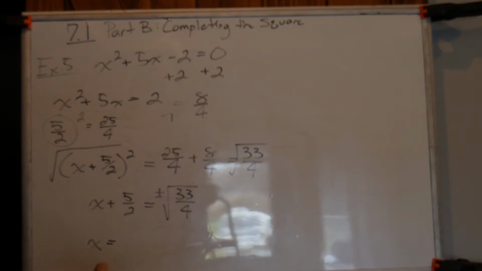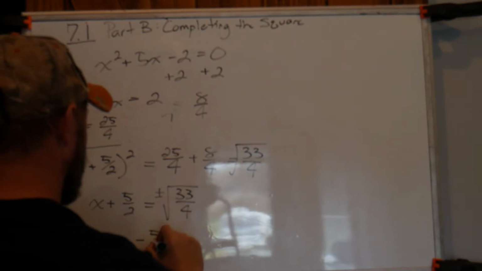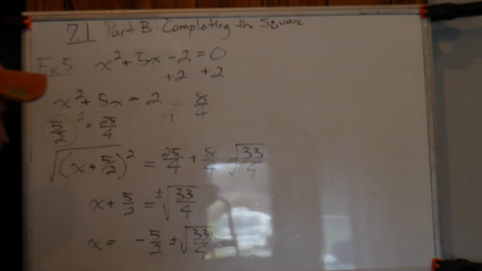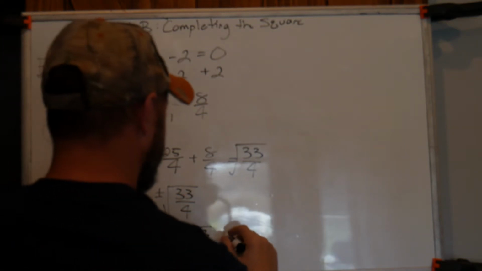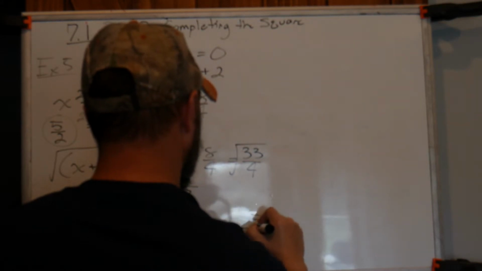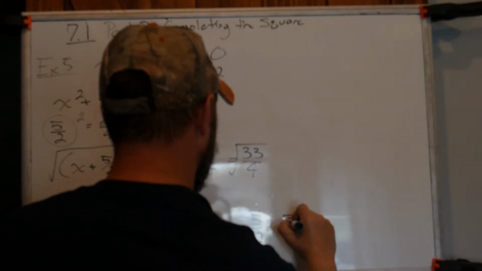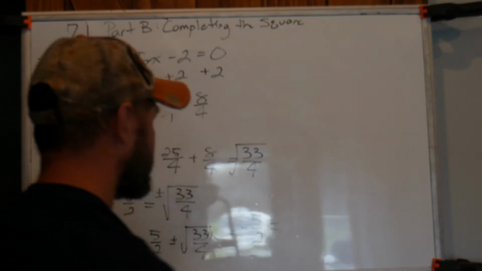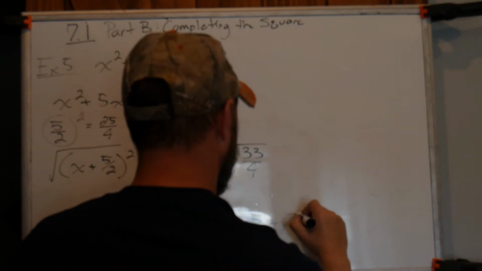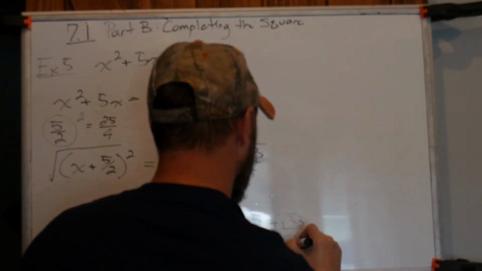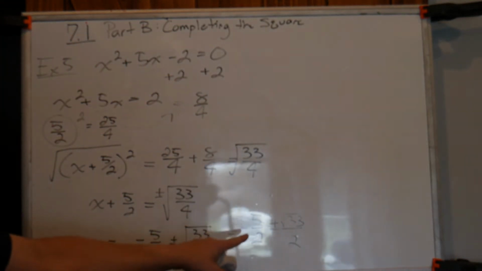So I have to move the 5/2: x equals negative 5/2 plus or minus the square root of 33/4. I don't know why I put equals instead of plus or minus. This is how we get to combine.